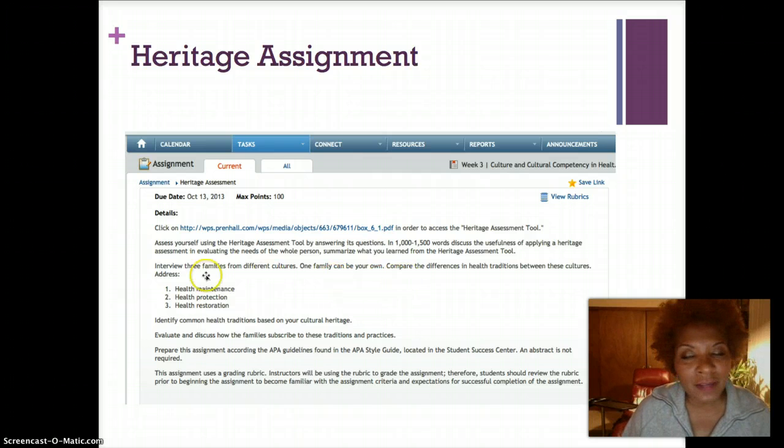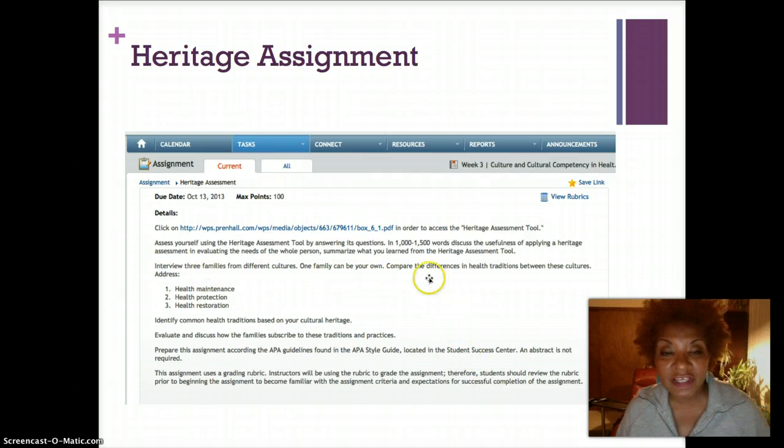So I want you to pay close attention to the assignment to compare and address the health traditions of these cultures, health maintenance, protection, and restoration, and identify common health traditions based on your cultural heritage. Evaluate and discuss how families subscribe to these traditions and practices.